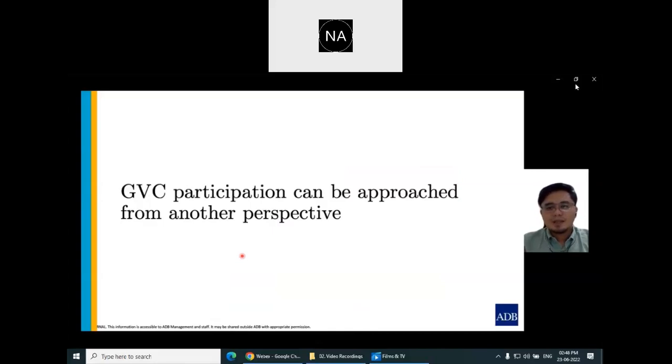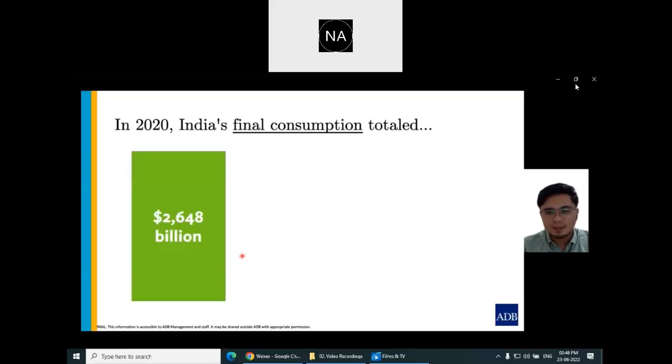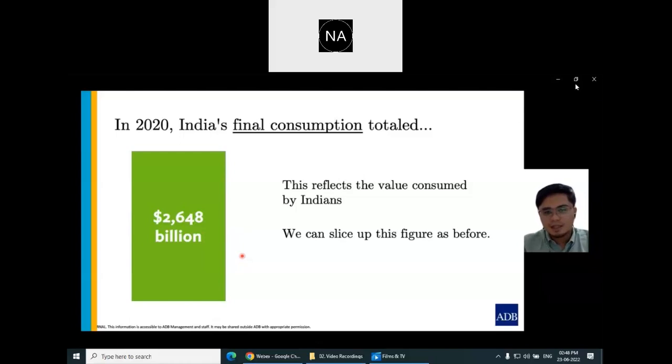Now, we can also calculate GVC participation from another perspective. Again, in 2020, India's final consumption totaled 2,648 billion US dollars. Now, this amount reflects the value that is consumed by residents of India or in India in general. Like before, we can also slice up this figure.